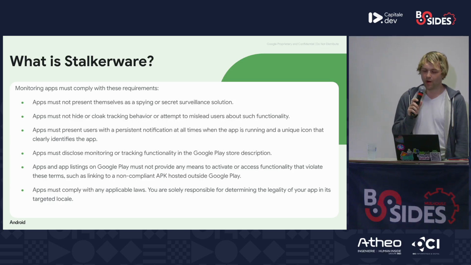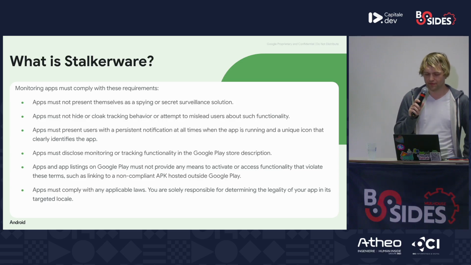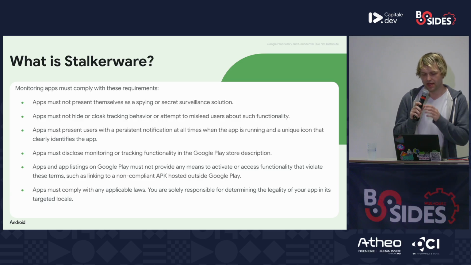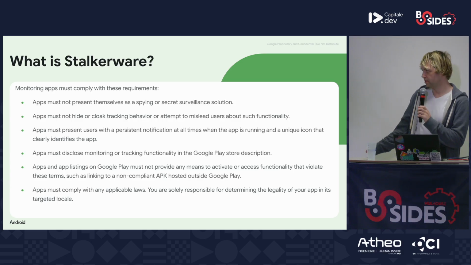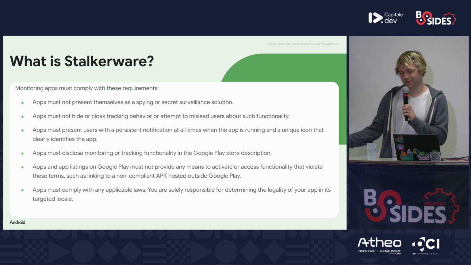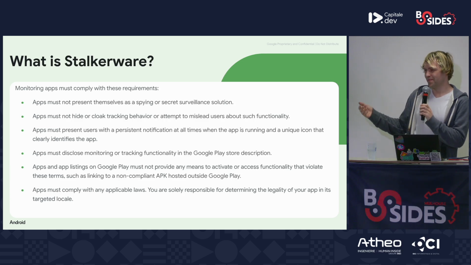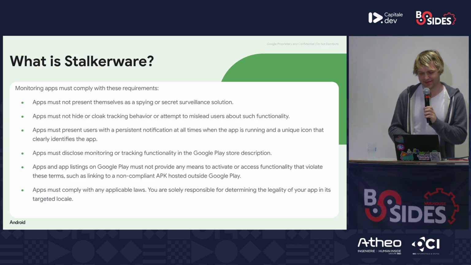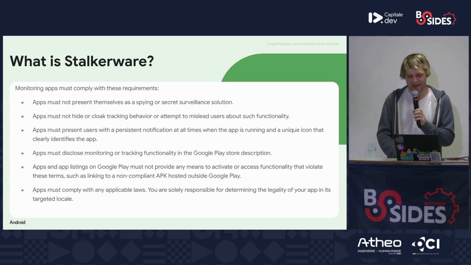So they will say one thing and they will try to do something completely different. Persistent notification, I've already mentioned that. They must disclose that they're monitoring or tracking in their Google Play Store description, although all the apps that I will be talking about today are not available in Play Store for obvious reasons. So that doesn't apply to these apps.